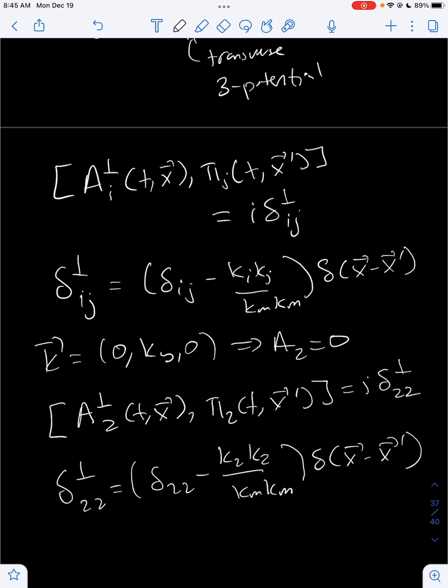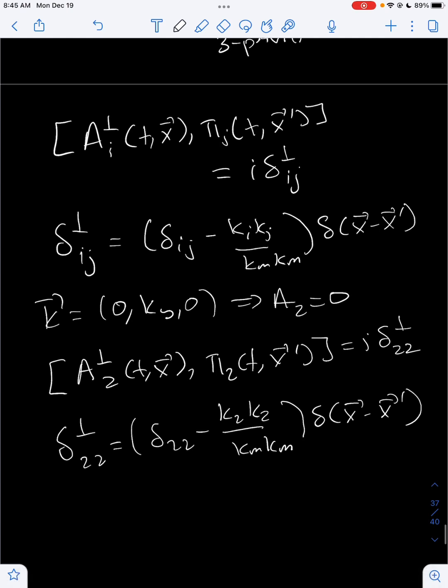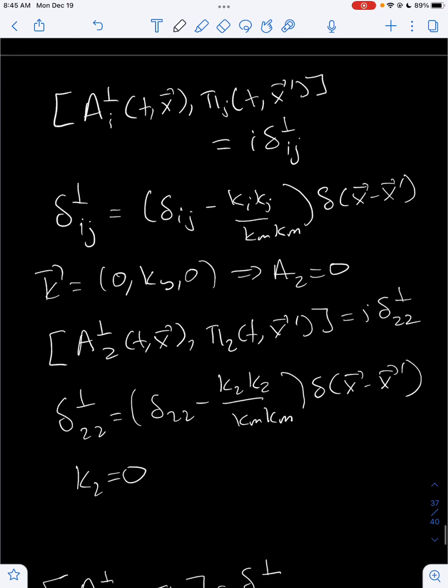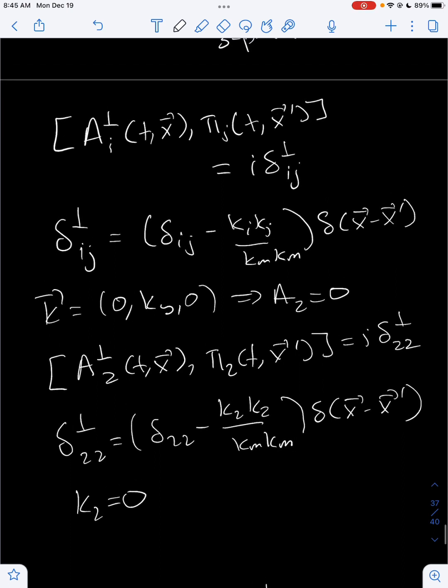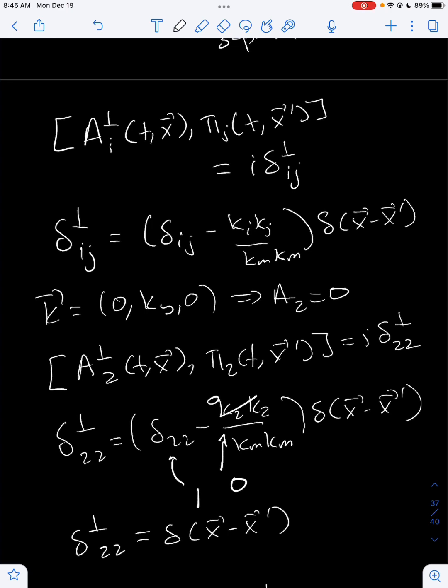If k2 was 0, so the field was not traveling in the y direction purely, then this term over here would go to 0, and this one would go to 1 since k2 would be 0. That would just give us that the transverse delta 2, 2 equals our normal delta function.